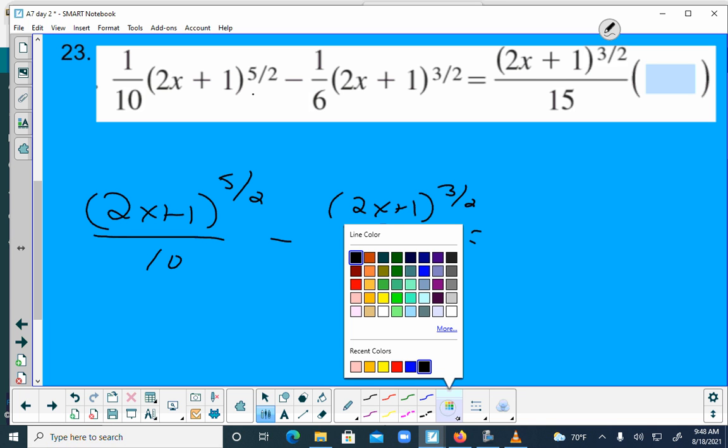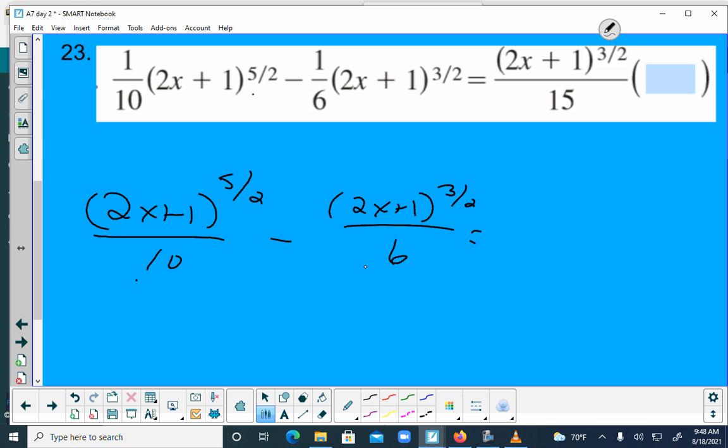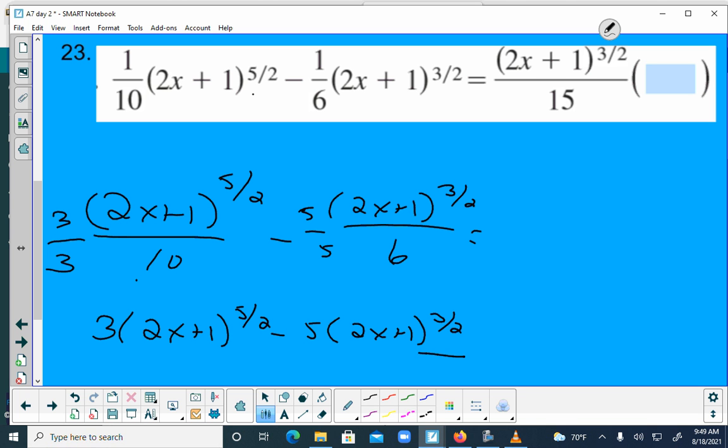So if I make this 30, what do I have to multiply 10 by to get 30? 3. So I'm going to multiply both of these by 3 and both of these by 5. So when I rewrite that, I'm going to have 3 times the quantity 2x plus 1 minus 5 times that quantity. I'm going to write this all over 30.